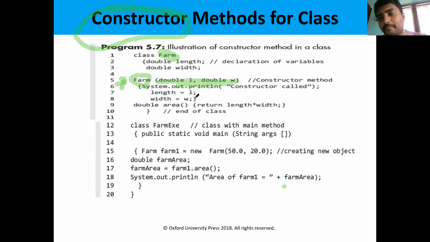Here length and width are initialized, not declared. For initialization purposes, we can use the constructor. Length is assigned to L, width is assigned to W. The main purpose of a constructor is to initialize the variables.